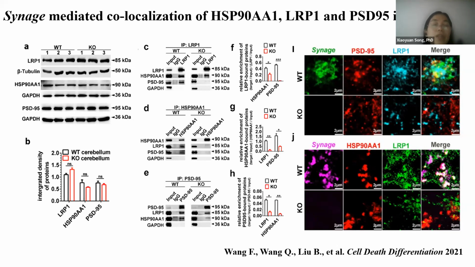However, when we used RNA-IP of these three proteins individually to check the interaction with the other two proteins in knockout conditions, all three proteins show decreased interaction with the other two. And the co-IP experiment with Synage RNA FISH confirmed this data, showing that Synage mediates co-localization of these three synapse associated proteins in cerebellum. Next.